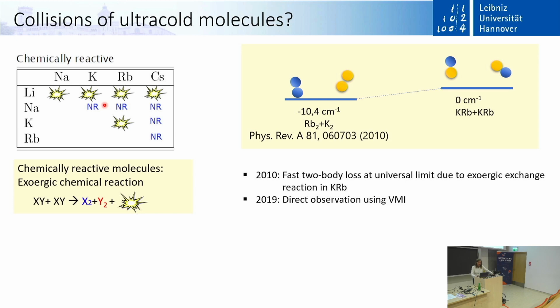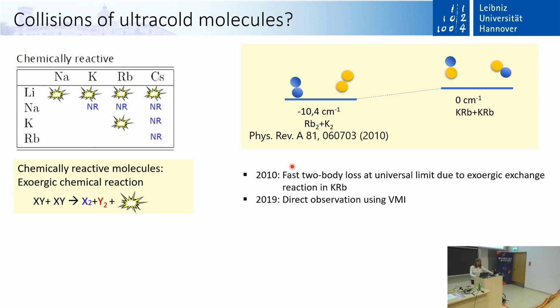And this is not only the case for the chemically reactive molecules, where this exchange reaction is exothermic. One example is potassium rubidium, with which we have worked at Schiller, and where we observed fast two-body loss due to those chemical reactions.